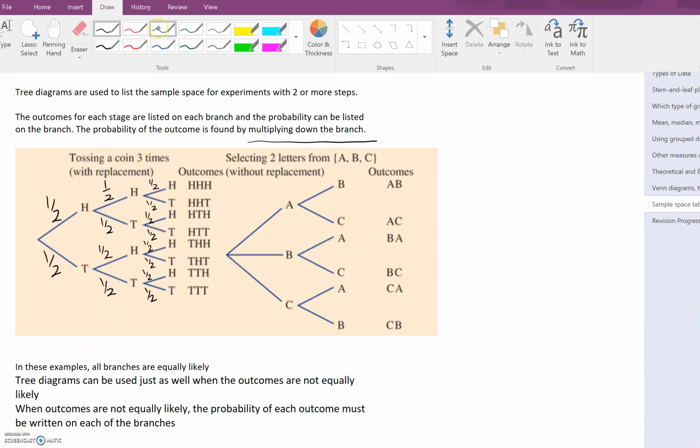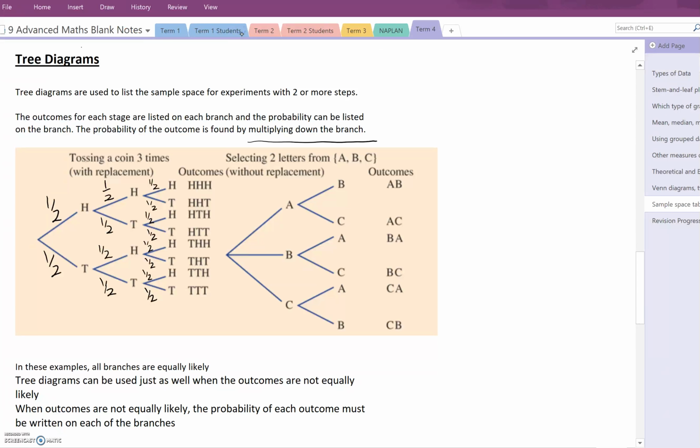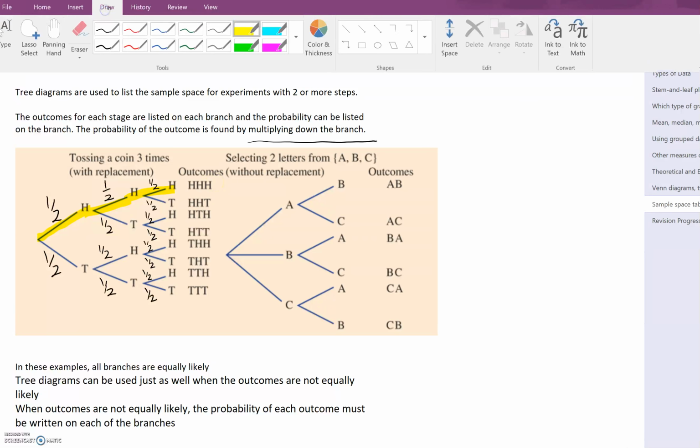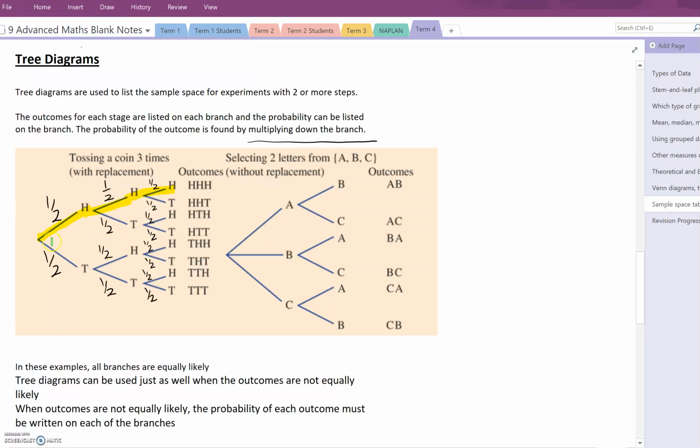So if we follow down this one, our first outcome is a head, then a head, then a head. The second outcome would be a head, then a head, then a tail. So you have to follow each set, and it's easiest to do that when you go down and do it vertically like this.